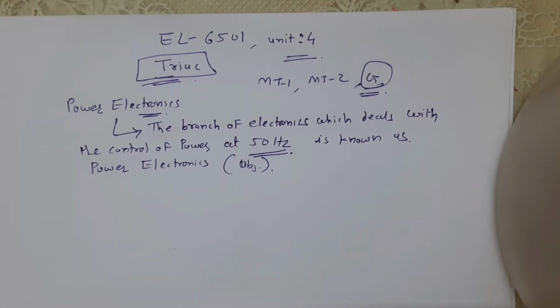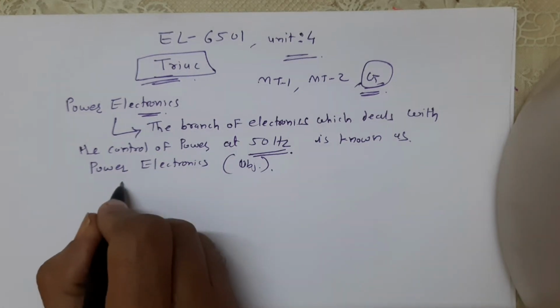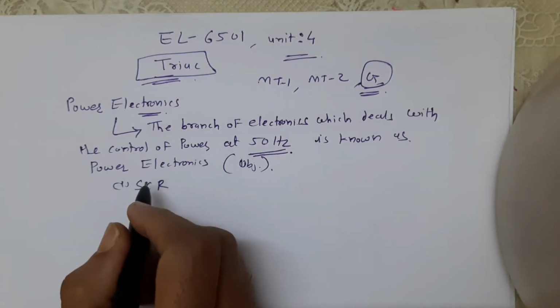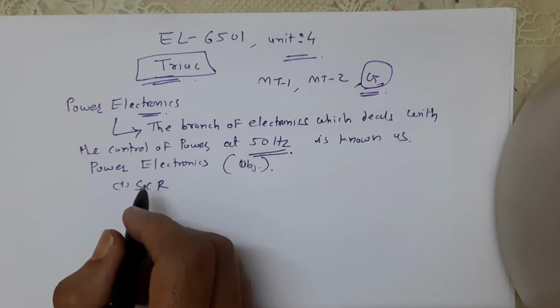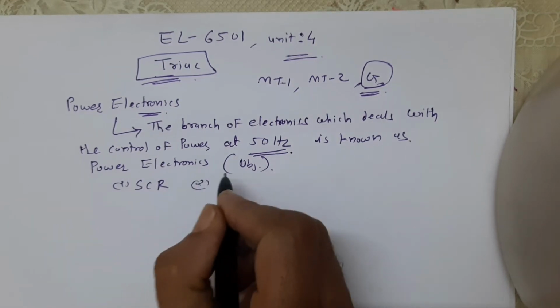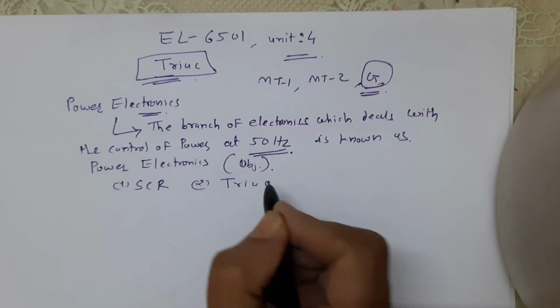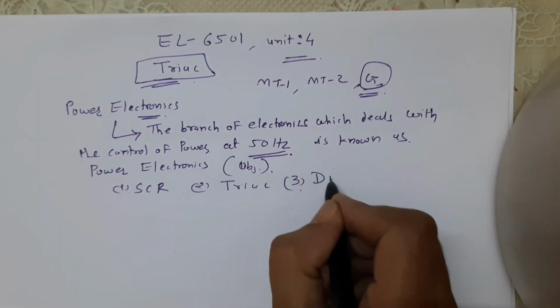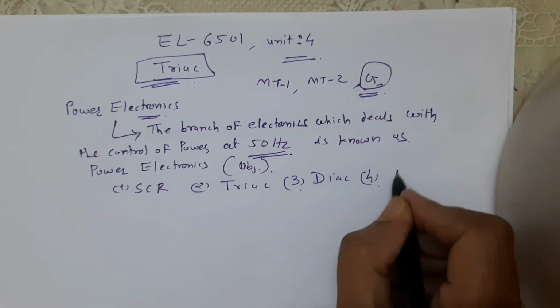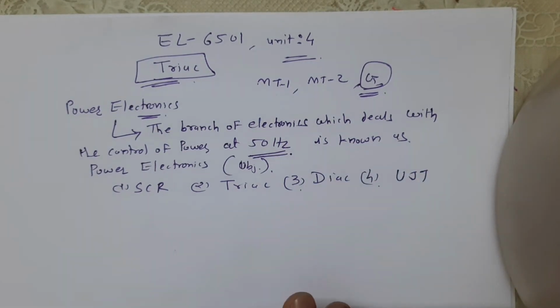The important semiconductor switching devices are SCR, that means silicon controlled rectifier, the second one is the triac, the third one is the diac, and the fourth one is the UJT, unijunction transistor. The silicon controlled rectifier we already discussed in the last lectures. Therefore, we shall deal here with the other three switching devices in the following discussions.